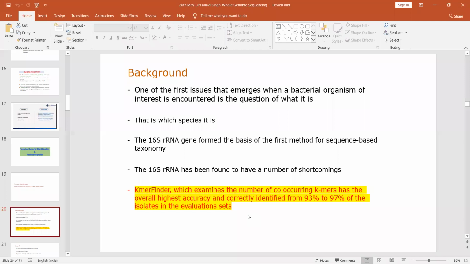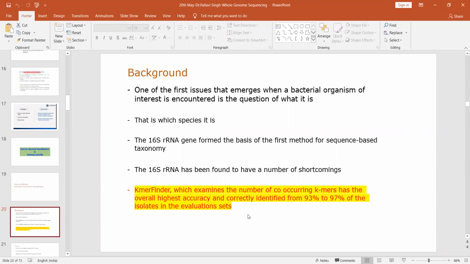Initially in molecular biology, we were using the 16S ribosomal RNA gene as the basis for knowing the taxonomy of unknown organisms, unknown bacteria. 16S ribosomal RNA is a classical technique used in molecular biology to know the species of an unknown organism. But this had a lot of drawbacks.